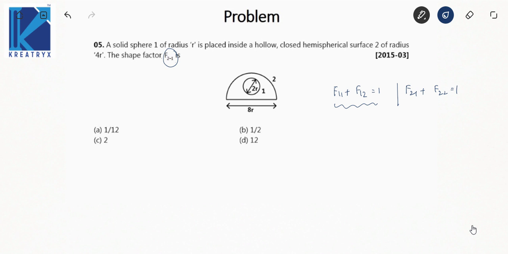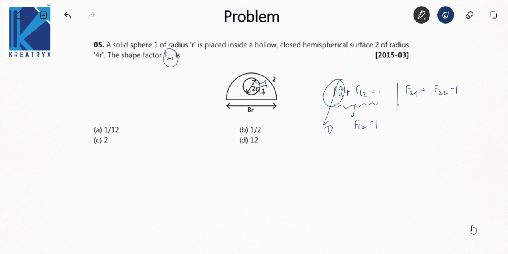Using this, we can get F12 is equal to 1. Why? Because F11 is 0. It is a convex surface, so the fraction of all the radiation energy will be going to 2 and it will not be falling on 1. So the fraction of radiation energy from 1 on 1 will be 0.